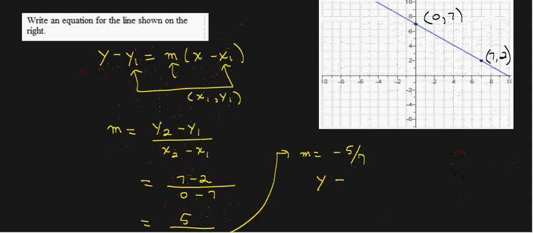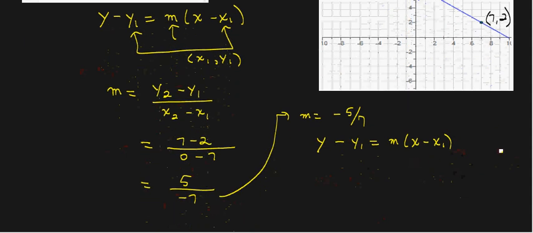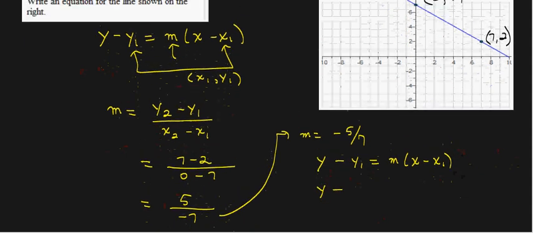So using y minus y1 is equal to m times x minus x1, let's plug in the things we know now. We know y minus y1, and the y1 is 7, is equal to m, and we just found m. It's negative 5/7 times x minus x1. Well, x1 is 0.